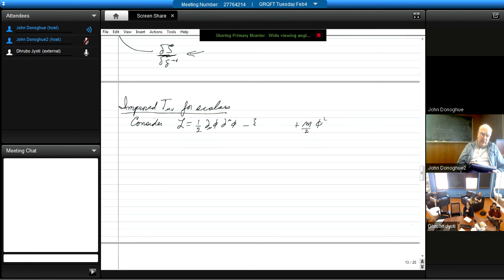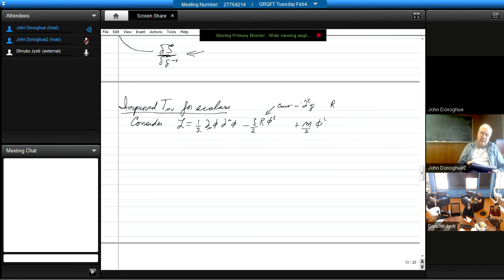We could also add a term in here that's the curvature times phi squared, and for a scalar field it's over 2. So this is your usual curvature, which remember goes like, so R goes like 2 derivatives of the metric.